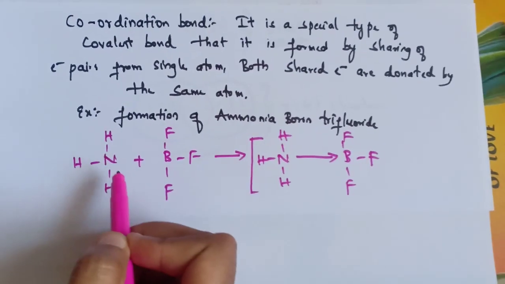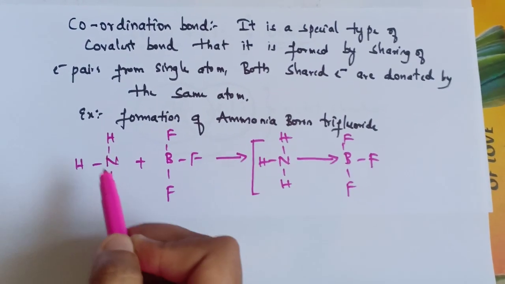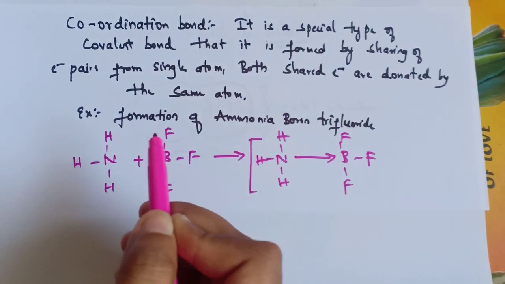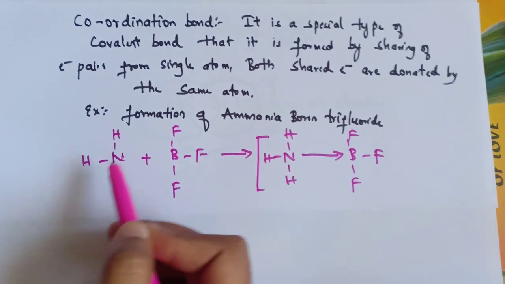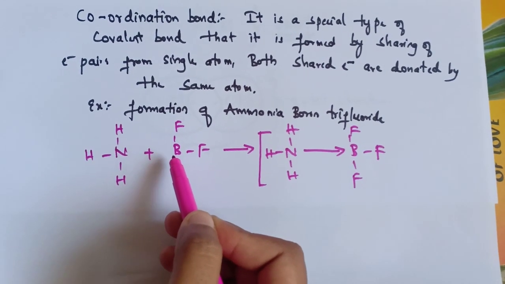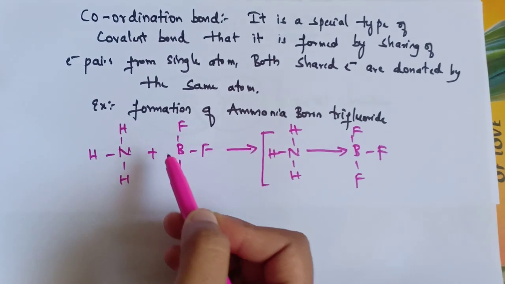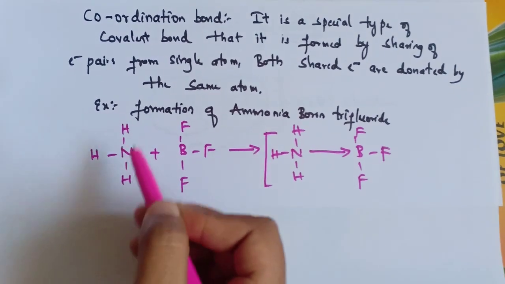Here the nitrogen atom in an ammonia molecule donates one pair of electrons to the vacant orbital of the boron atom. See here, it is vacant, it is electron deficient. Here nitrogen donates one pair of electrons.